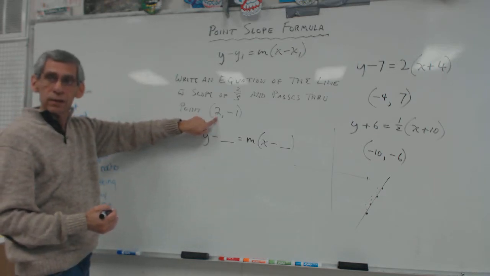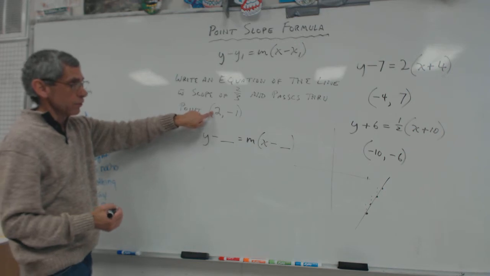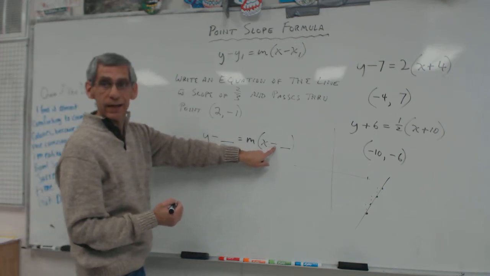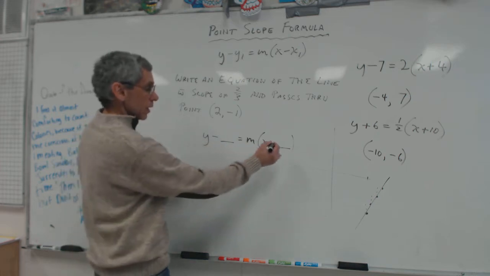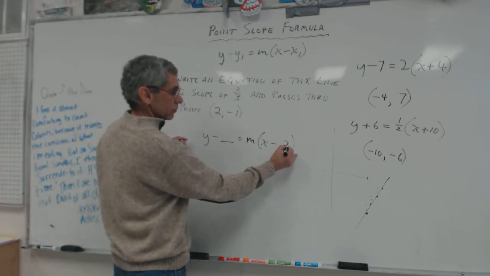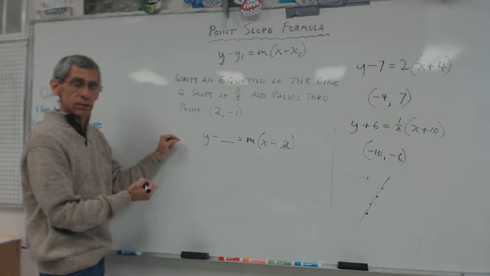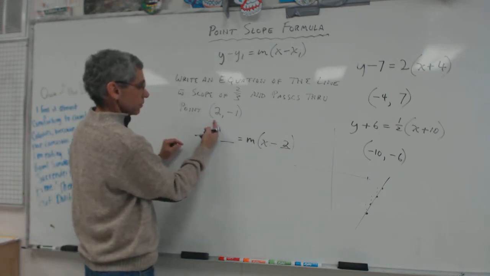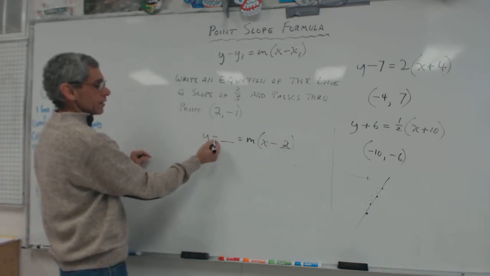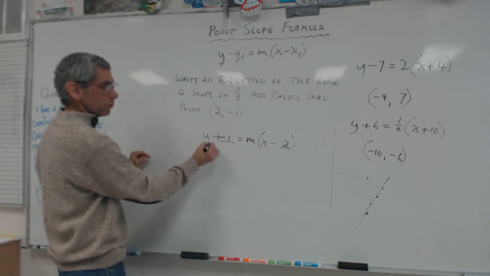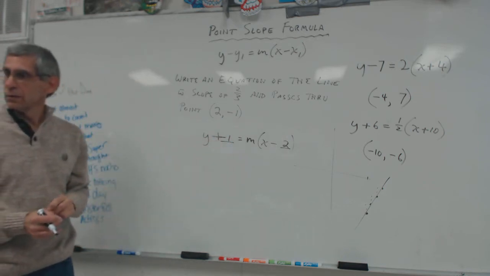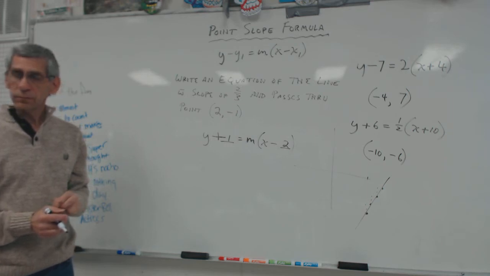You guys agree with me? And it's positive. The formula has the negative sign, so what would I put here? I would just put that number, 2. Does that make sense? Because then it's negative 2. And then this would be negative 1, which basically turns it into a +1.